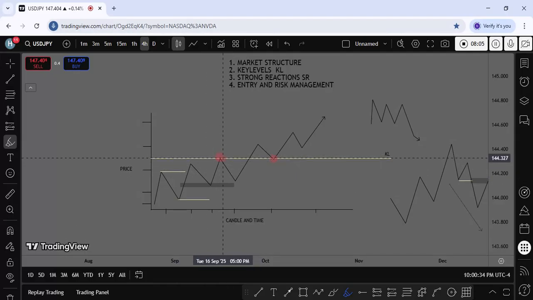Price respects this area of liquidity, drops back down into the lower range. Price tends to break it, but it still has lesser liquidity to push the market upward. So it also retests and then keeps going upward.